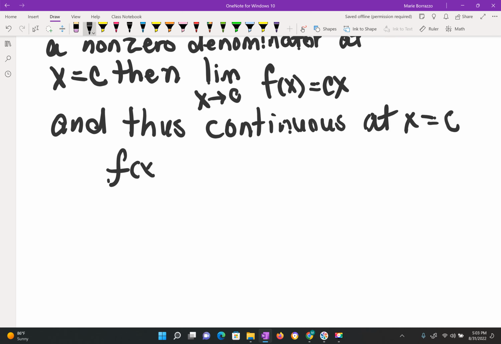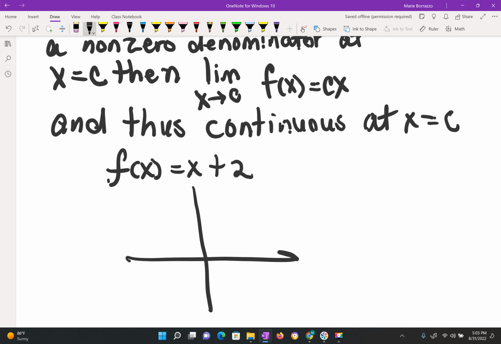It's f of x is equal to x plus 2. And I'm looking at the function, so if I have an xy graph, there's f of x, here's y. If I'm looking at the limit of this function as x approaches 2, of f of x, which is x plus 2.